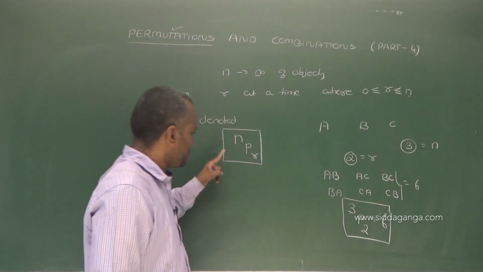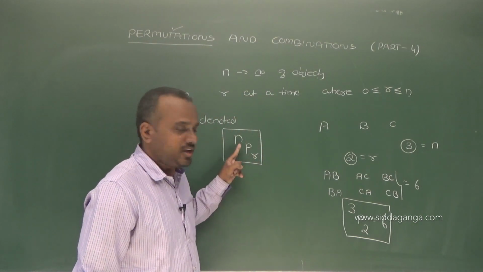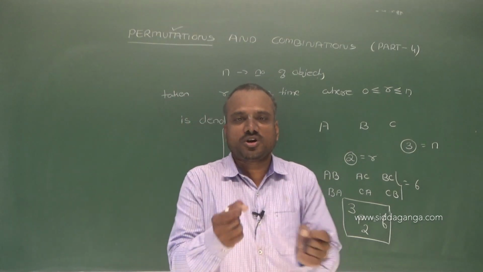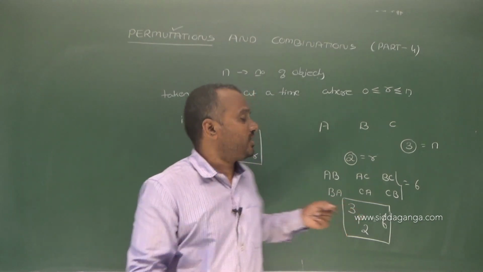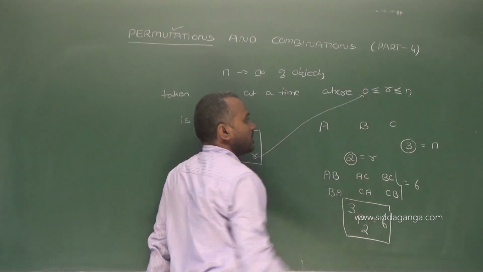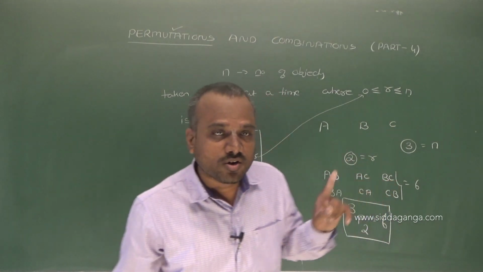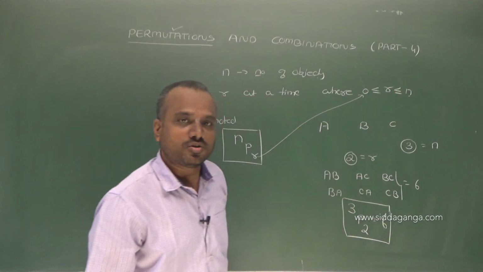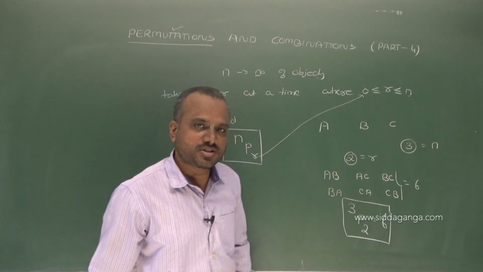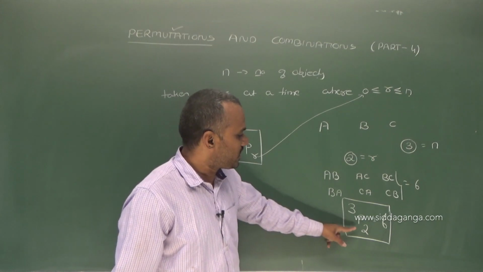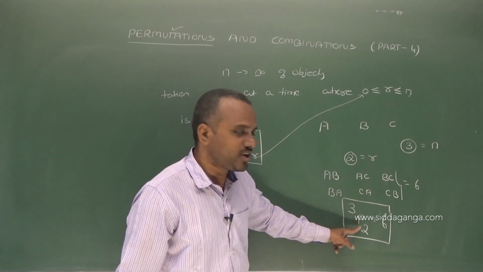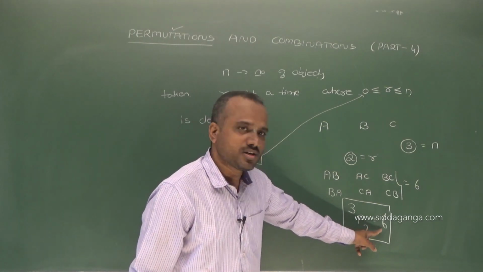The notation for permutation is nPr. nPr indicates n number of objects we are arranging, taken r at a time, where r is greater than or equal to 0 and less than or equal to n. So here A, B, C, 3 objects taken 2 at a time, we can denote it by 3P2. So the answer is 6.